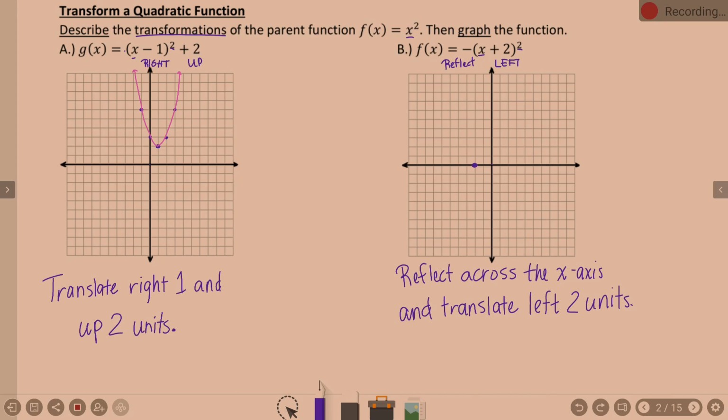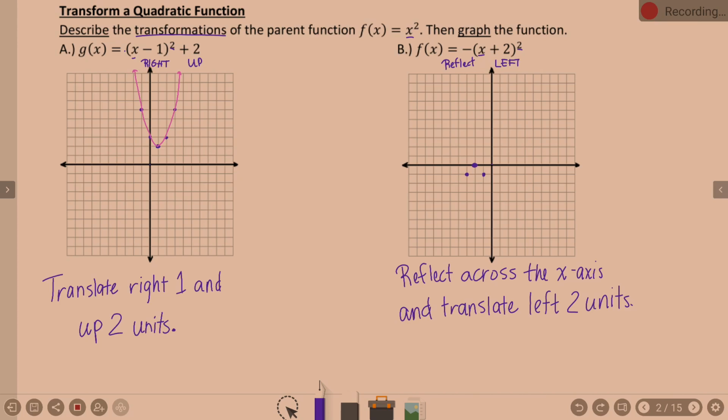Now, where's my first set of points? Okay. Normally we just say it's over 1, and like last time it was over 1, up 1 from the vertex, right? What's different this time? This parabola needs to open downward, so it's going to go over 1, down 1. So I'm going to go right 1, down 1, and left 1, down 1, because I need to do the reflection.